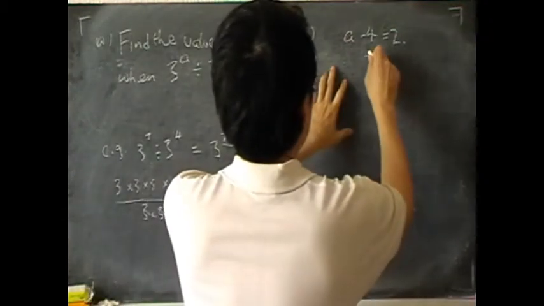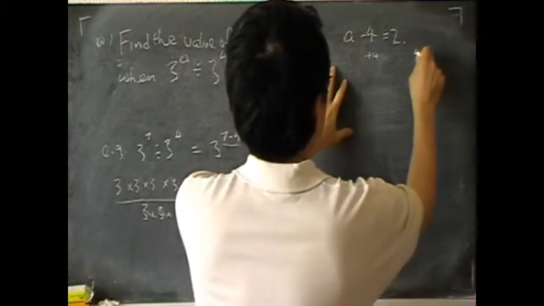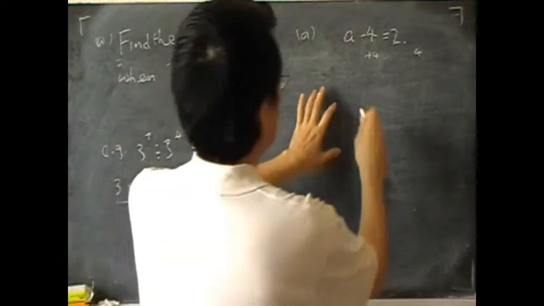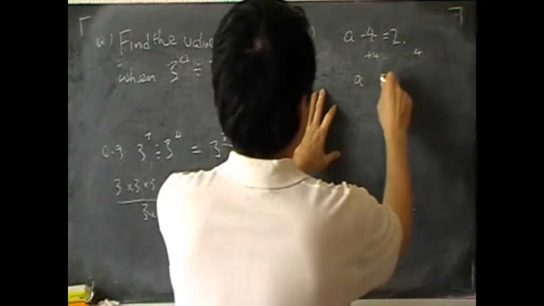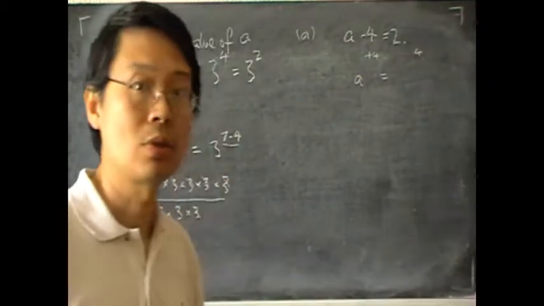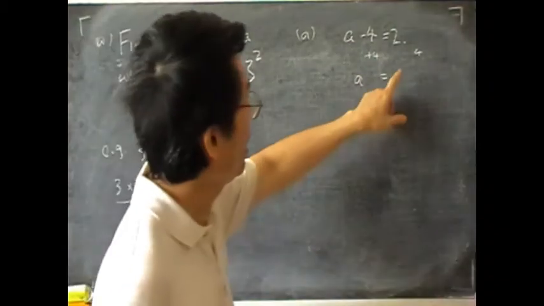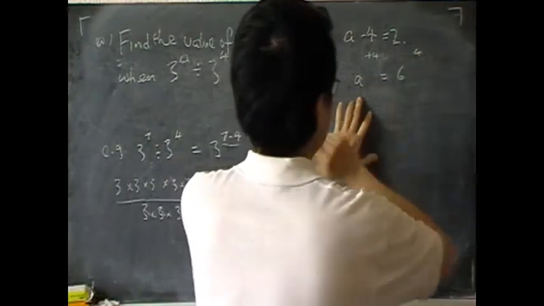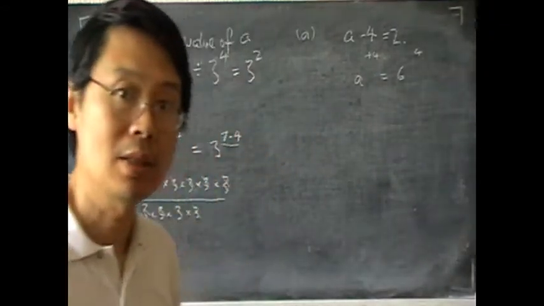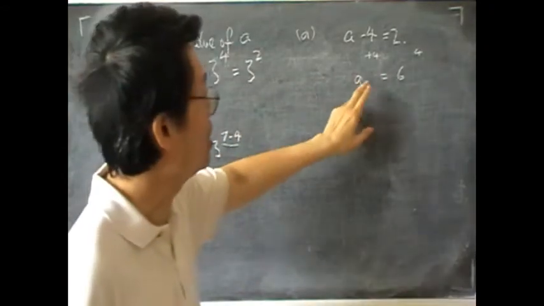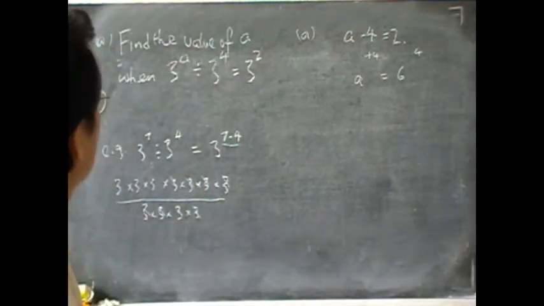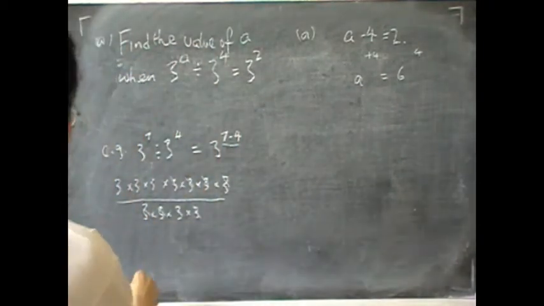I can do that by adding 4 to both sides, then minus 4 plus 4 is 0. I'm left with a on one side, and I have 2 plus 4, which is 6 on the other side. And that gives me the answer now. a is equal to 6. That is the answer to this question.